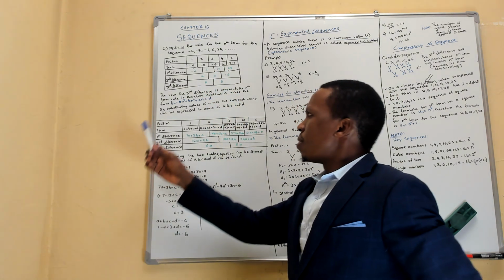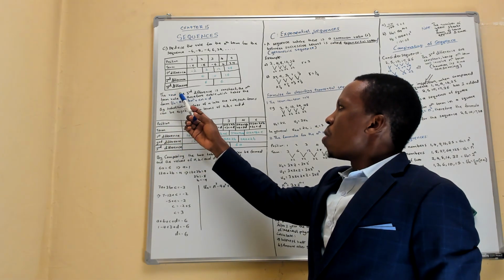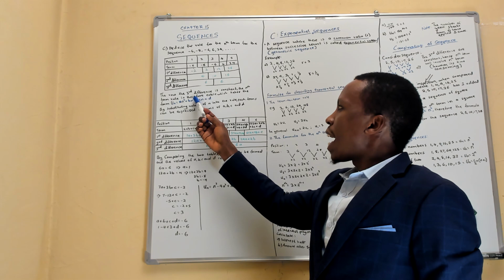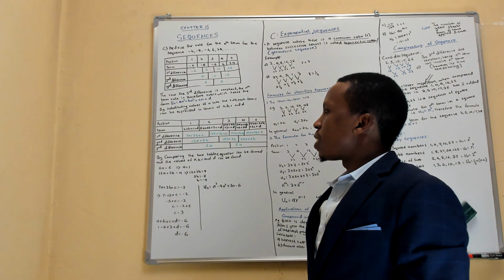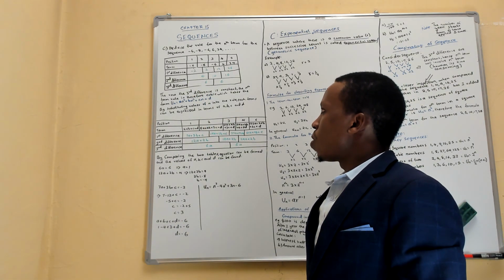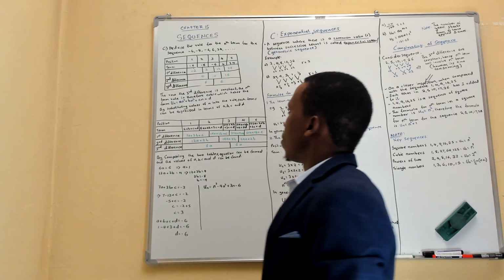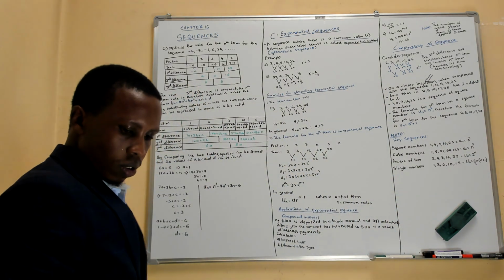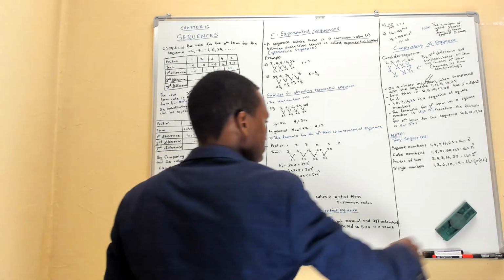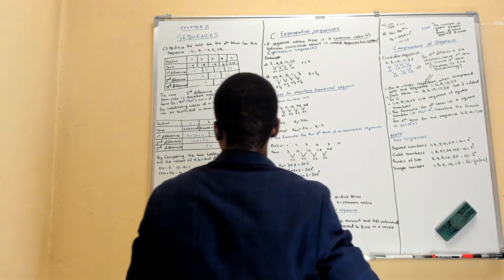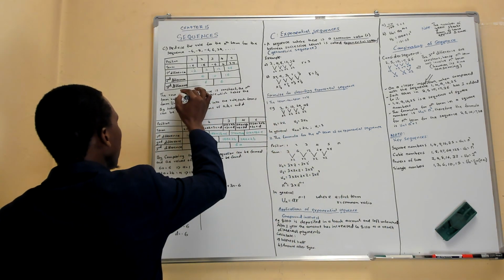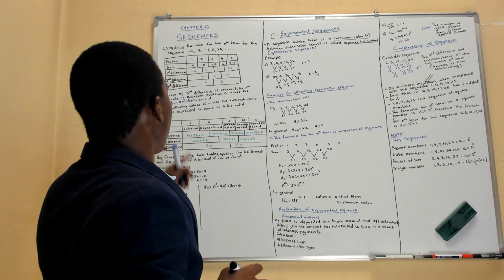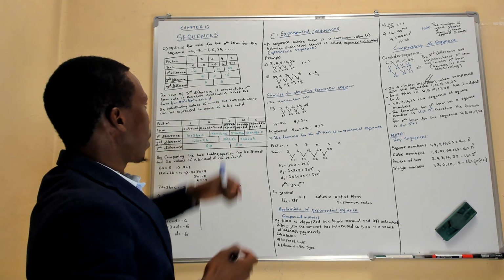So now that the row of third difference is constant, the nth term rule is therefore cubic.